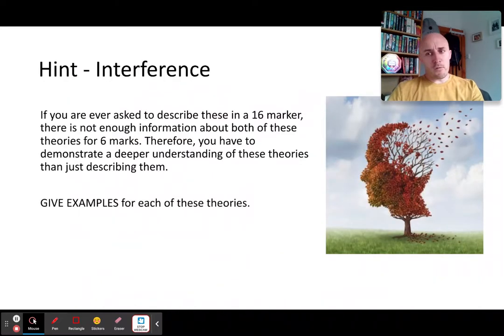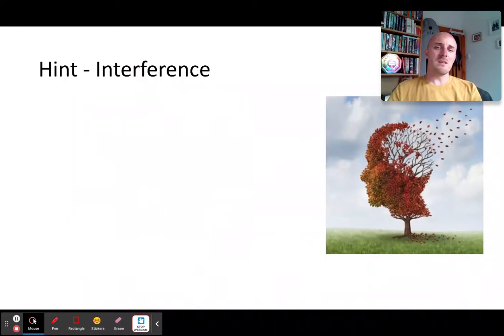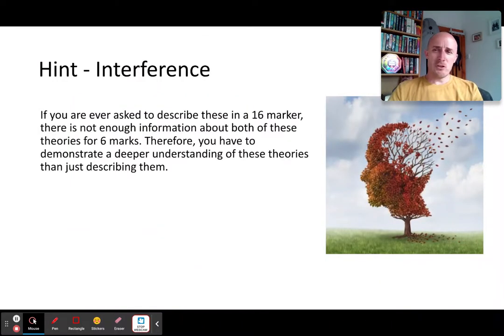So before I move on, that is clearly not enough for you to talk about it for 6 marks worth. Yet that is literally the whole theory. So what is one way in which I'm going to have to get you to show that you know the theories at a deeper level? Give examples. Literally give the examples that I've given.